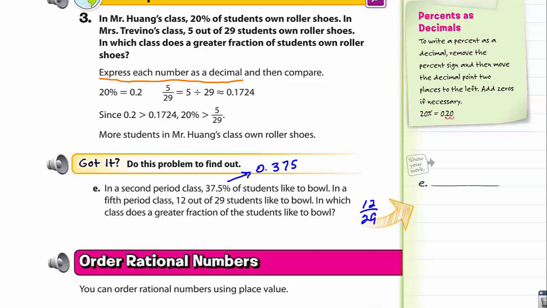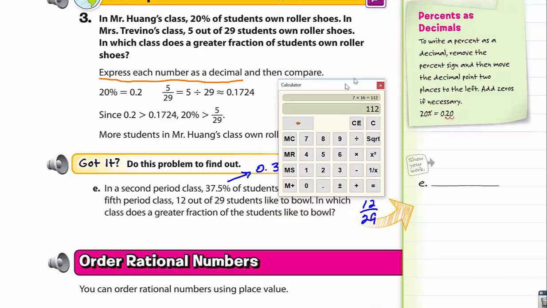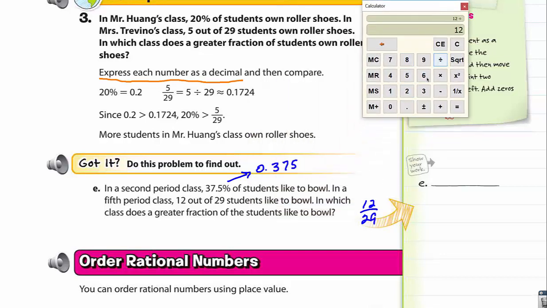we're going to set this up. We're going to grab our calculator, and we're going to take 12 divided by 29, and we're going to get 0.41. Since that went out 3 places, I'll take this 3 places. 0.414. Notice that 3 is the one I'm rounding to, and this 7 says round that 3 to a 4.